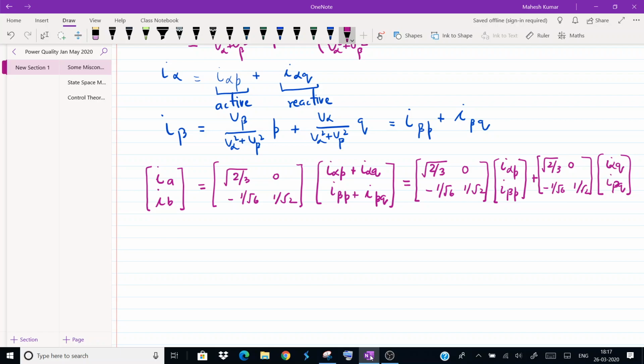Now what do you expect? This whole term is comprised of the active component, and this is comprised of the reactive component.